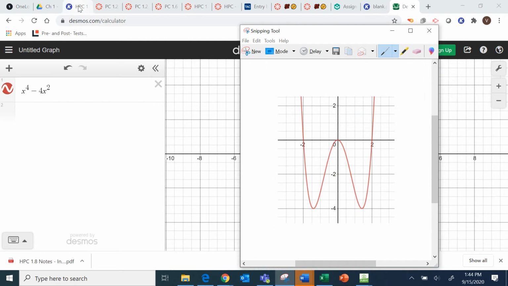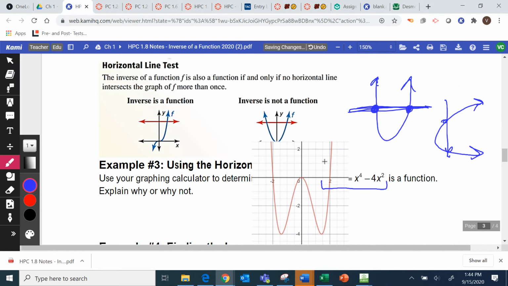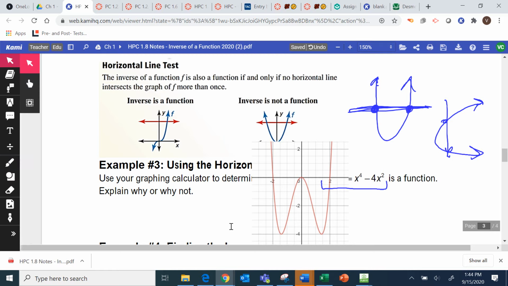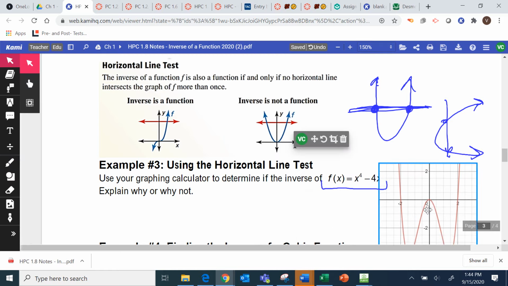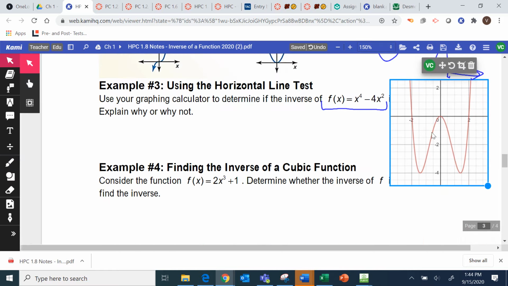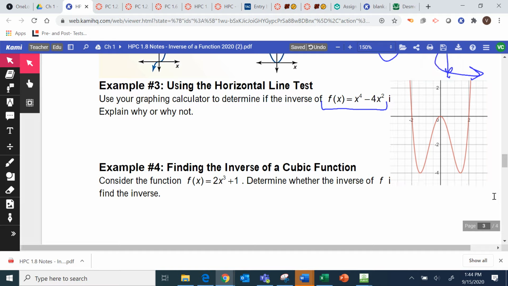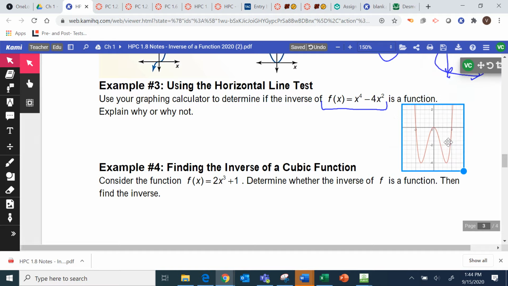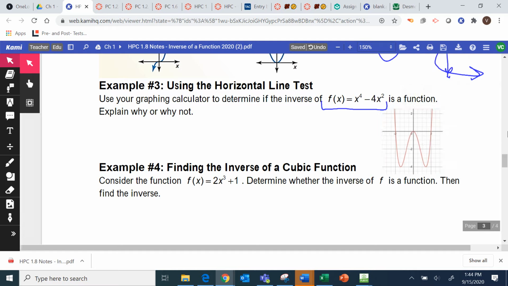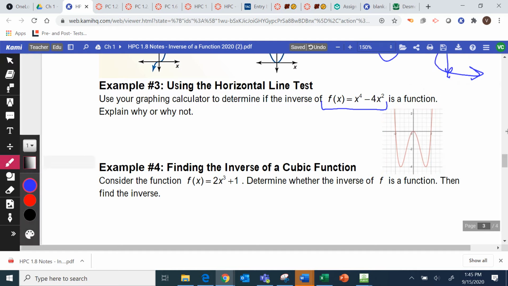Boom. There we go, got it graphed. I can draw my horizontal line. Nope, not a function.